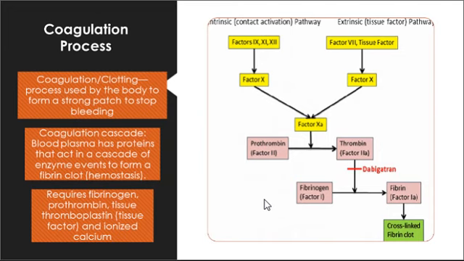It's a glycoprotein present in the plasma that is converted into thrombin from the extrinsic thromboplastin during the second stage of blood clotting. And then your thrombin: the activated form of prothrombin, factor 2, becomes thrombin.